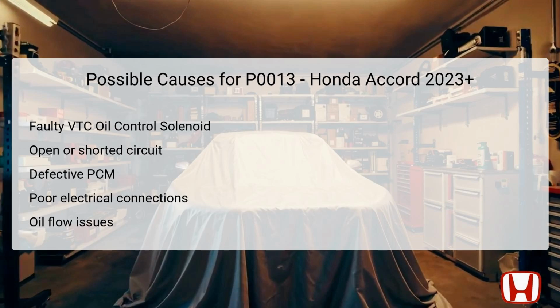Poor electrical connections can further lead to intermittent issues that confuse or mislead the vehicle's computer. Furthermore, issues related to inadequate oil flow within the system can hinder the functionality of the VTC oil control solenoid and lead to engine performance issues. Each of these potential causes will need to be investigated thoroughly to identify the root of the problem.